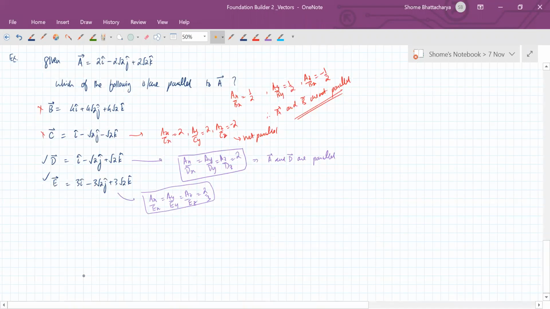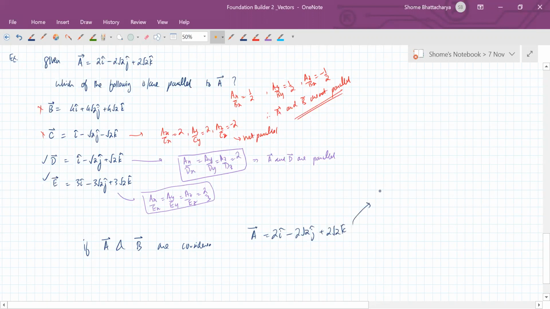Okay. So for example, if A and B are considered, the vector A being 2 i cap minus 2 root 2 j cap plus 2 root 2 k cap.